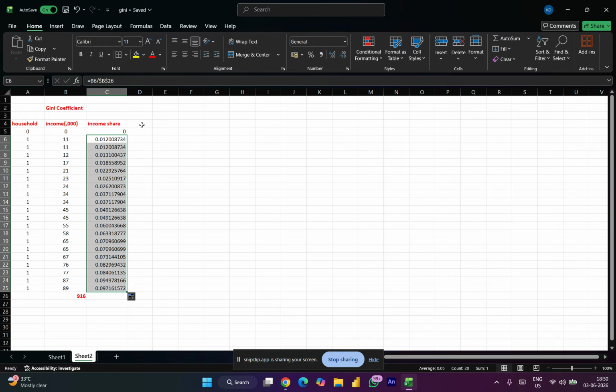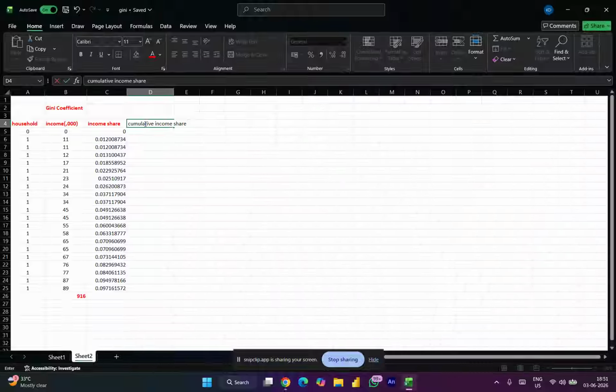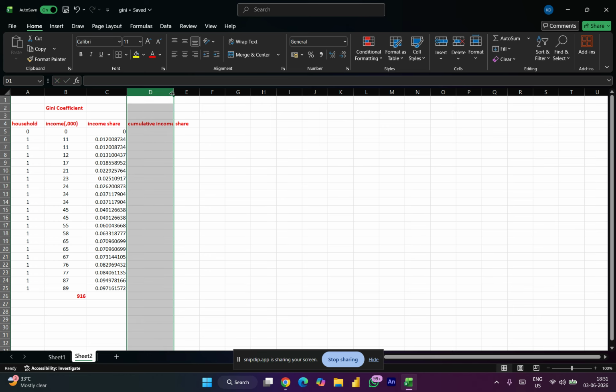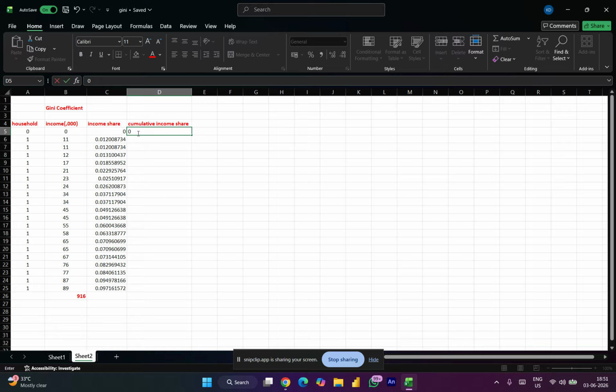After that, we have to calculate the cumulative income share. We know cumulative income share can be calculated by this plus this plus this, like this. So the first one will be 0.